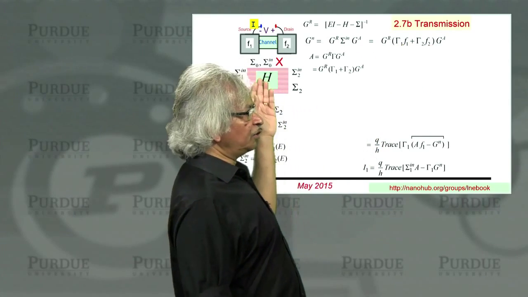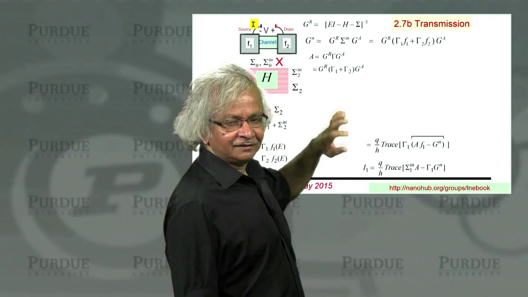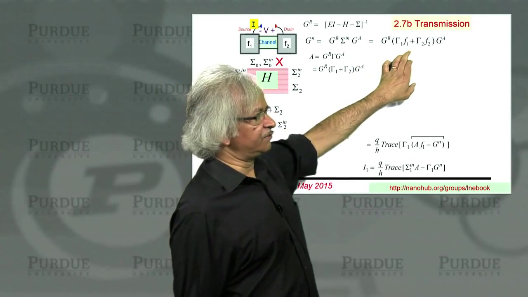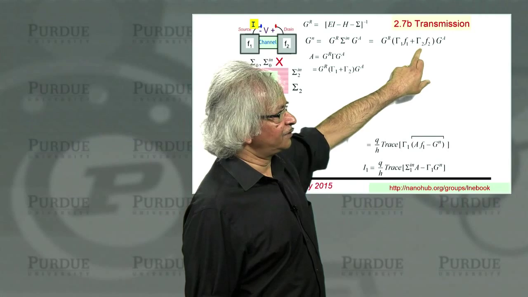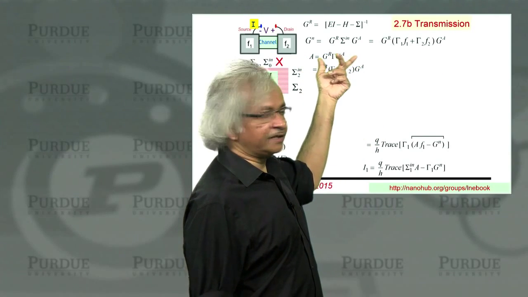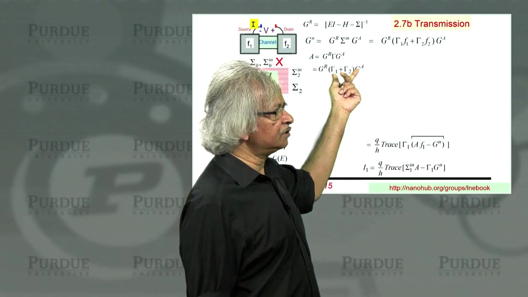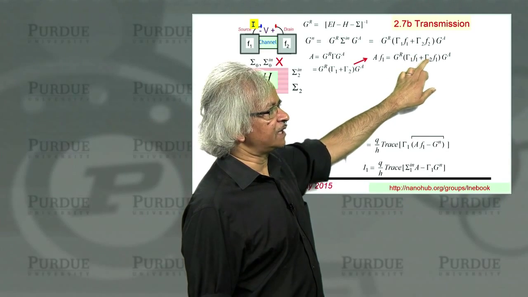And of course we are ignoring any other, these dephasing contacts. That is, we are assuming the contacts are described by this Fermi function, and that's all, and there are no other contacts. So we write it this way. A is Gr gamma Ga, that's an identity we discussed earlier, and the gamma is gamma 1 plus gamma 2. So if you want to write A times F1, you'll have gamma 1 F1 plus gamma 2 F1.